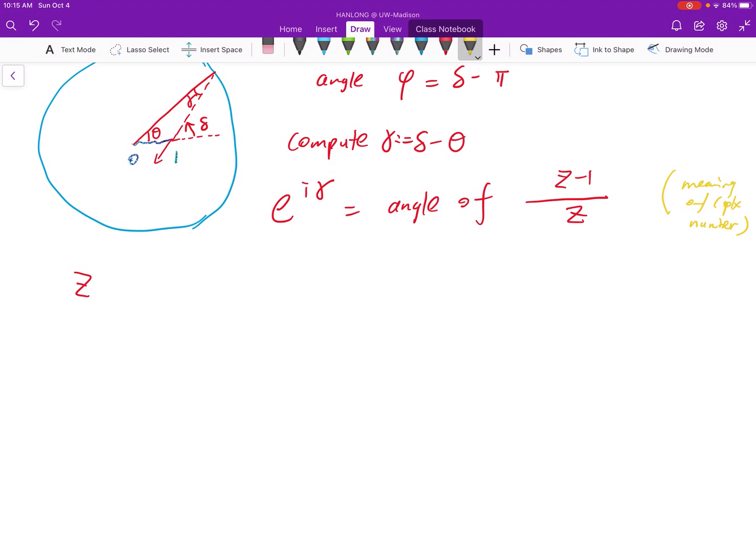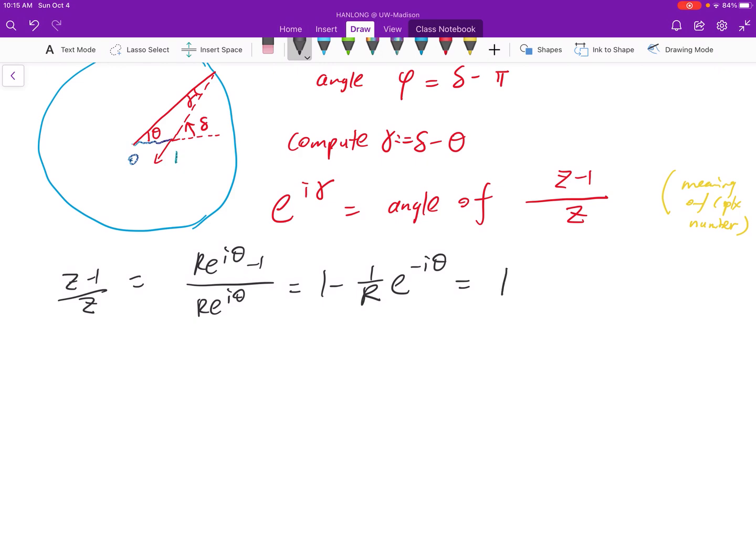So z minus 1 divided by z is R e to the I theta minus 1 divided by R e to the I theta, which is 1 minus 1 over R exponential negative I theta.